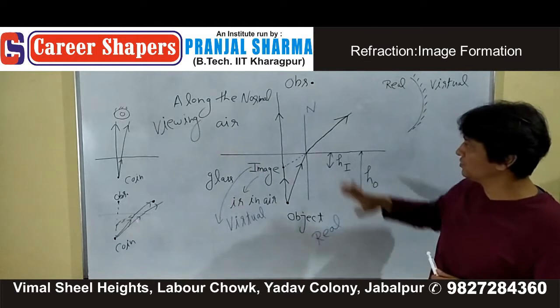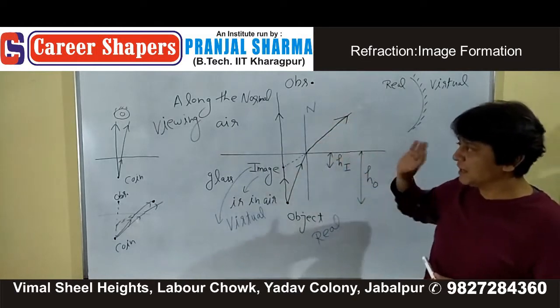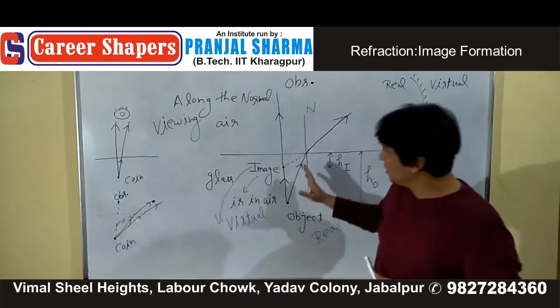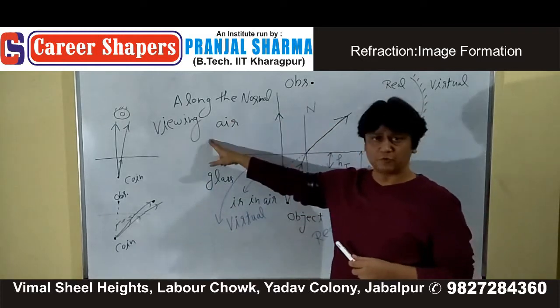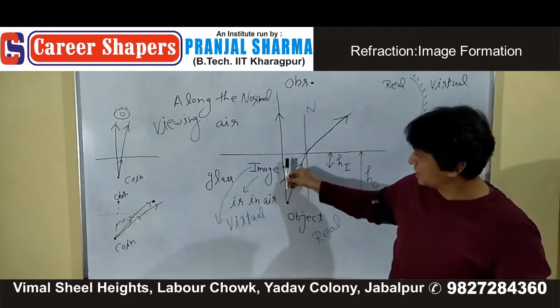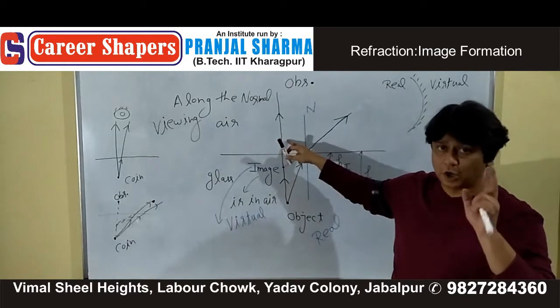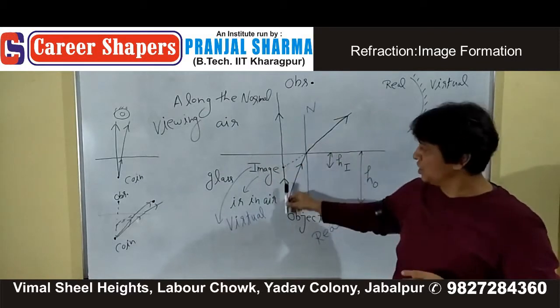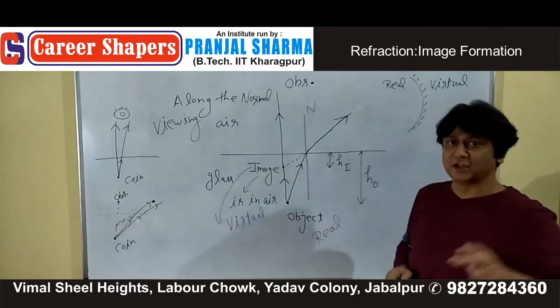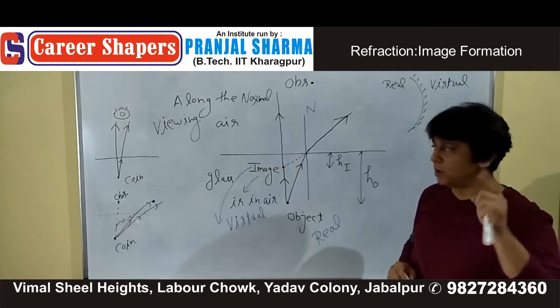And therefore, remember, this view is just so that you can understand the whole mathematics. In reality, when you say along the normal viewing, it means this is the first ray and the second ray is also almost parallel to the first one, which means all the angles involved will be considered very, very small.